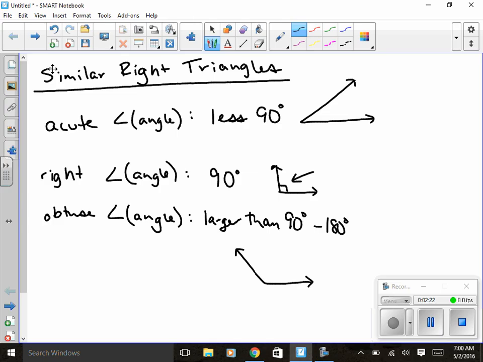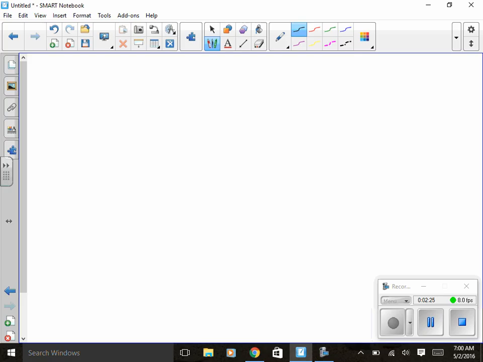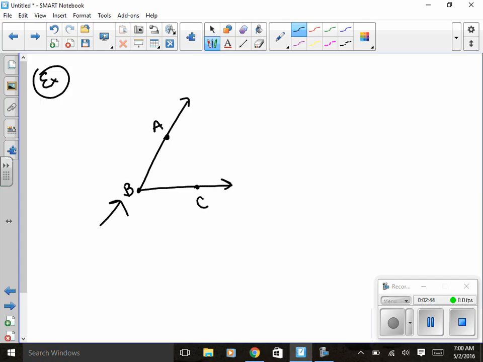Now, when we're talking about lettering for an angle, there are specific ways in order for you to label this. B is what we call our vertex.